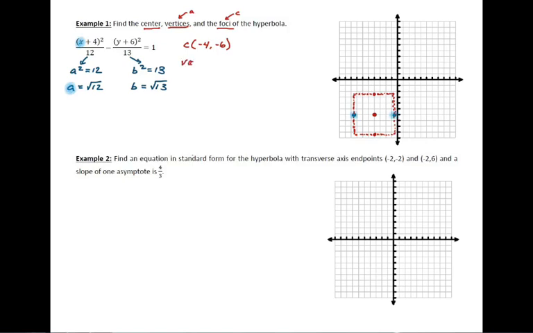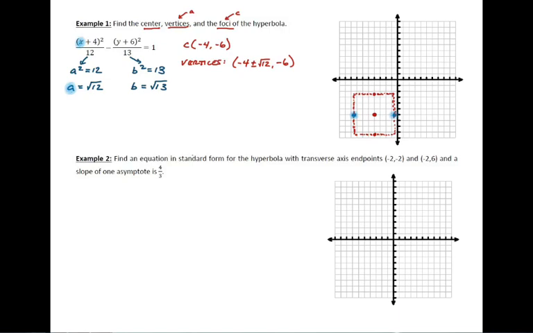And then the next thing I like to do is just identify the coordinates of the vertices. In this case, because our vertices are at the edges of the box in the x direction, whatever those coordinates are would be where the hyperbola would open, left and right. So the way you find those coordinates is you go from your center, -4, and you add square root of 12, takes you to the right end point where the box is.